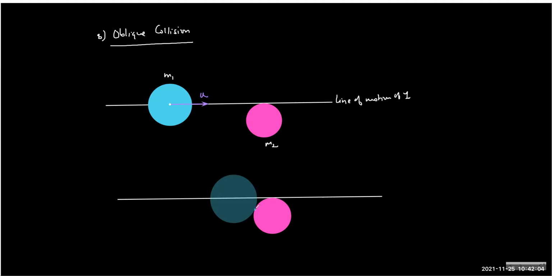You can see the point of impact has changed now. And therefore, if you think of the line of impact, it will be the line joining their centers.